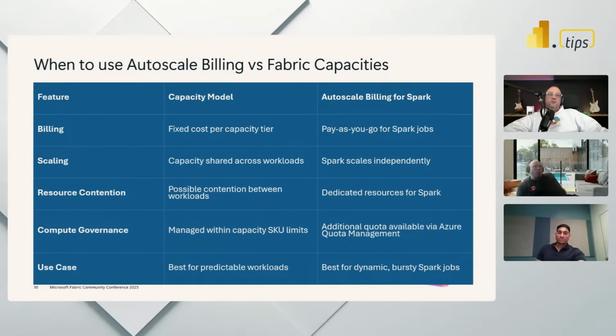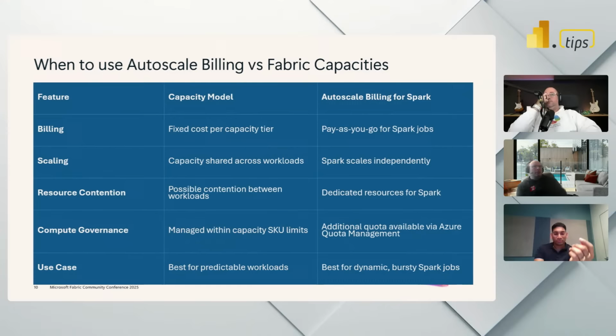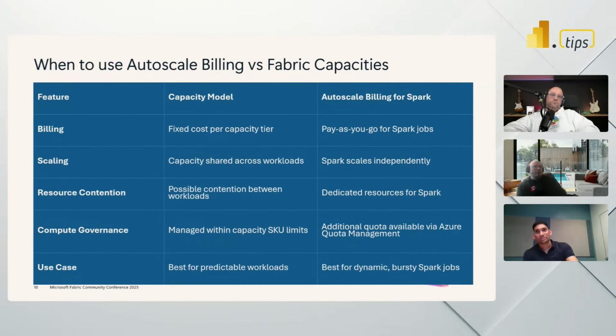And that brings us to this slide, right? So, to Chris's point, if you're going to have continuous usage, then I think the capacity model would be the most efficient one, where you can actually save a lot more.